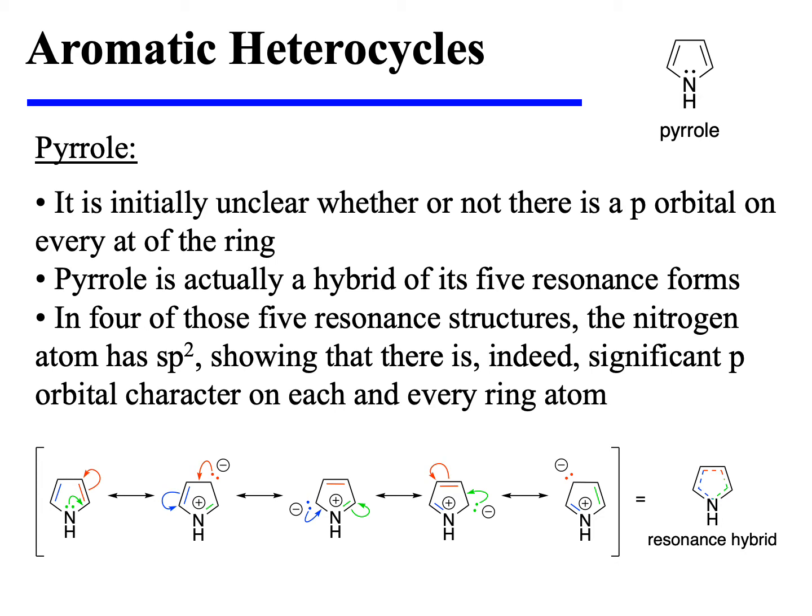But we now know that pyrrole is actually a hybrid of its 5 resonance forms. And in 4 of those 5 resonance structures, the nitrogen atom is sp2 hybridized. This shows that there is indeed significant p orbital character on each and every ring atom.